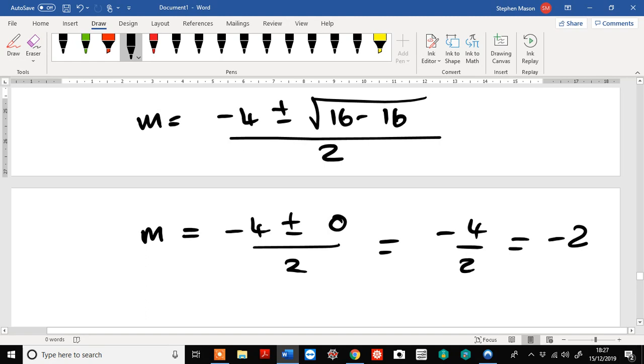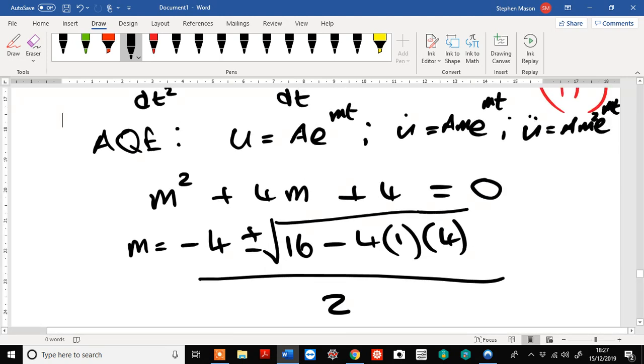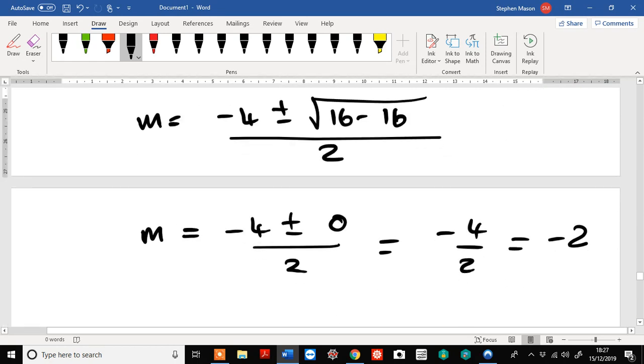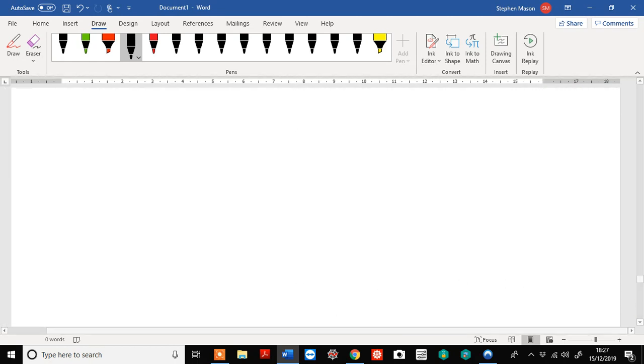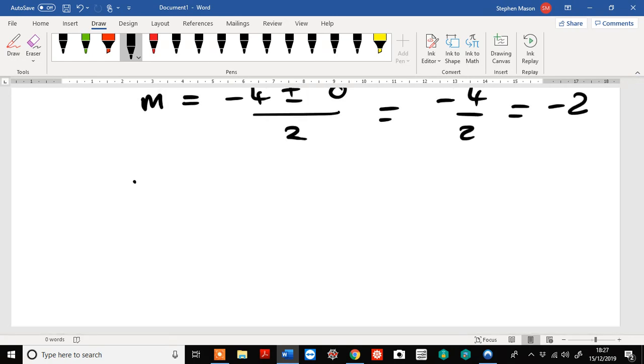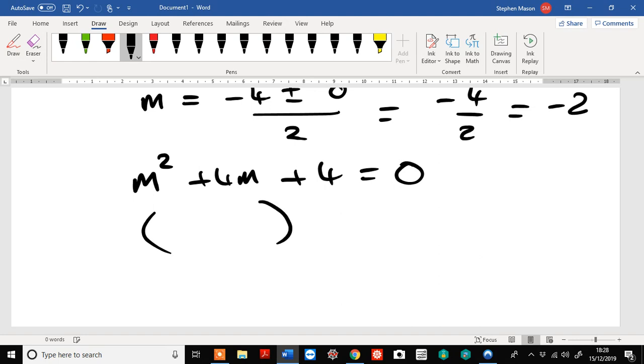And that is probably a repeated root. So let's double check something. We've got m squared plus 4m plus 4 equals 0. Let's try and factorize it, because this might factorize.